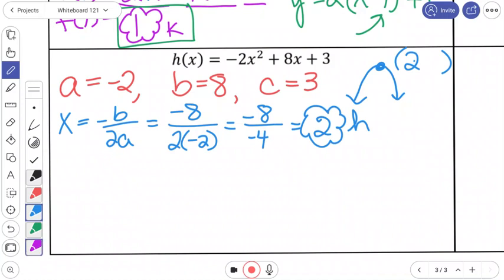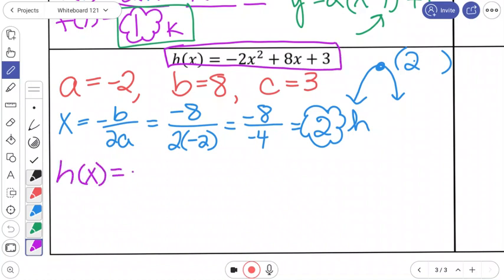Now we're just going to take that value and substitute it into our equation that's in standard form right here. So h of x equals -2x squared plus 8x plus 3. We just need to substitute in the number 2 for our x value. So h of 2.